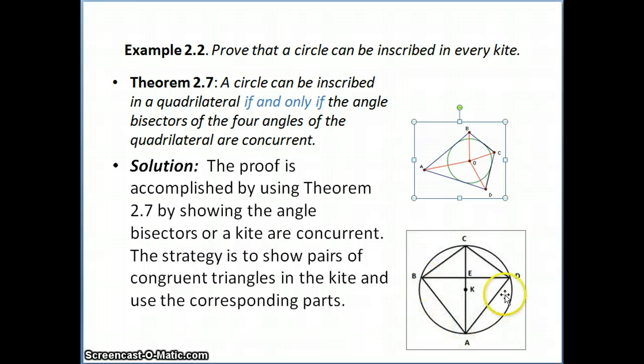If we look at this kite, the 2 diagonals AC and BD: AC is a perpendicular bisector of BD because vertices A and C are the points where the congruent sides meet.